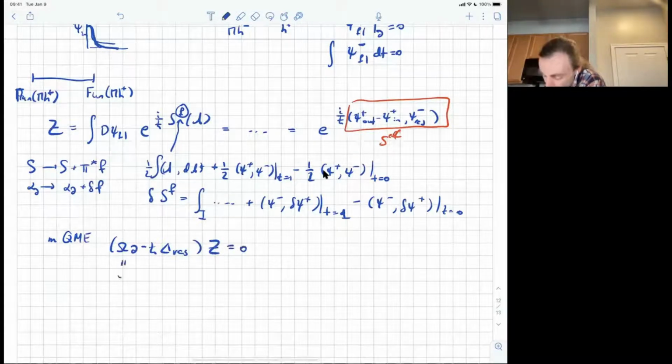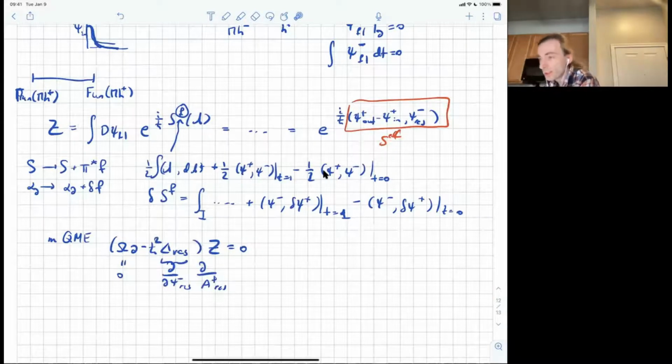So here the boundary differential is 0, and the delta residual is just the second order differential operator, the derivative in psi minus residual, derivative in A plus residual. Obviously, this does not depend on A plus residual, so therefore it's satisfied trivially.